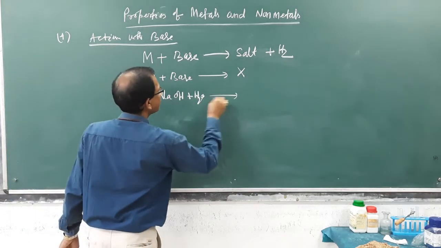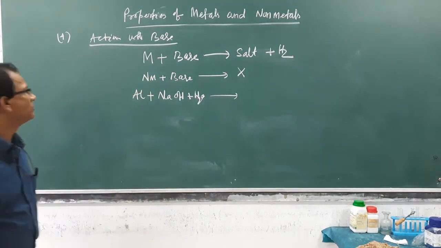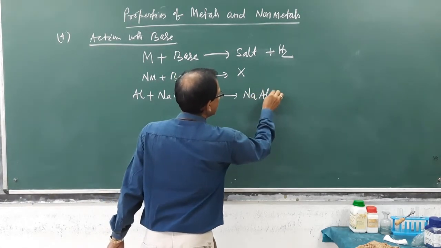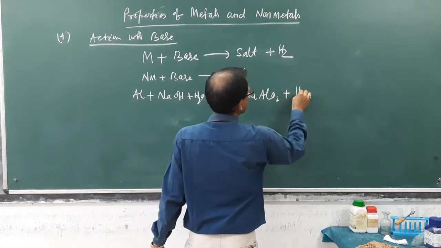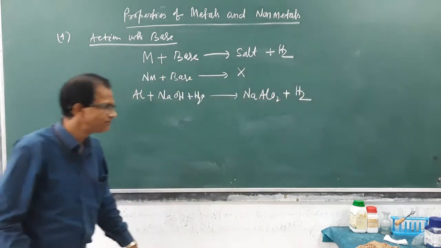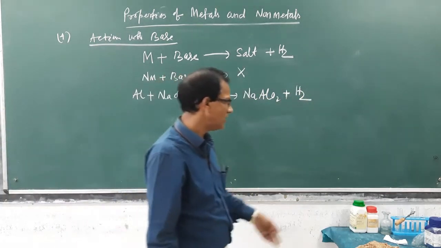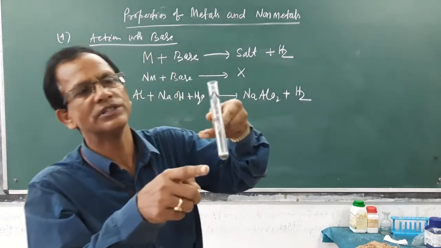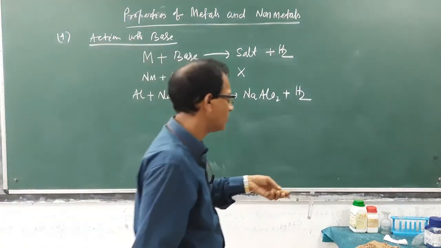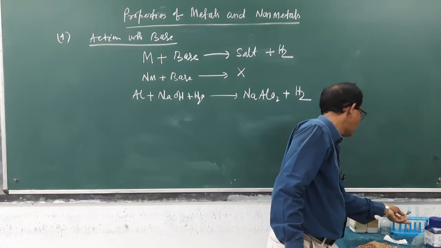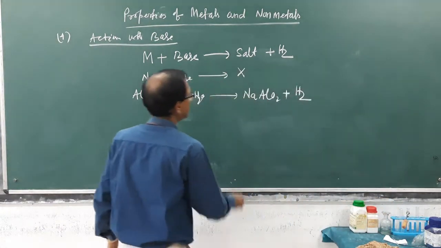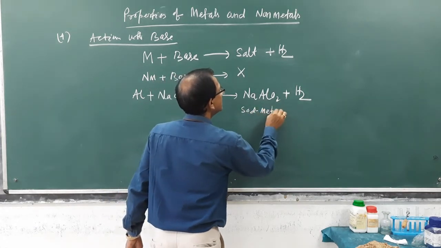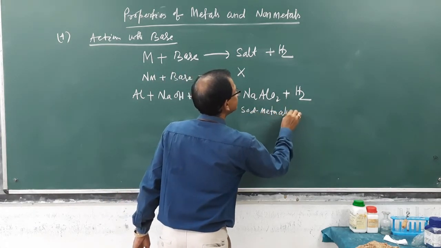That's why I have written H2O, and the products are the salt NaAlO2 plus hydrogen. The salt produced settles down at the bottom of the container. The name of this salt is sodium meta-aluminate.